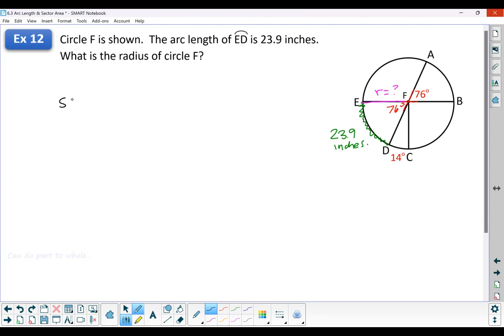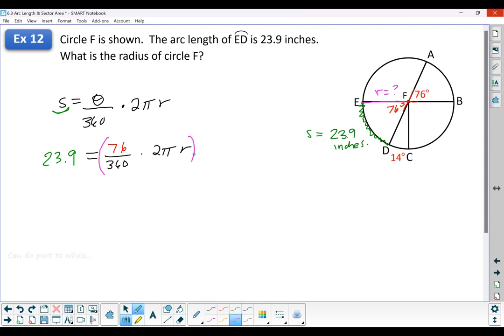So our arc length formula tells us that the arc length is theta over 360 multiplied by 2 pi times r. We know the arc length is 23.9, and we know the angle is 76. The only thing we don't know is the radius, so we can certainly solve for radius.